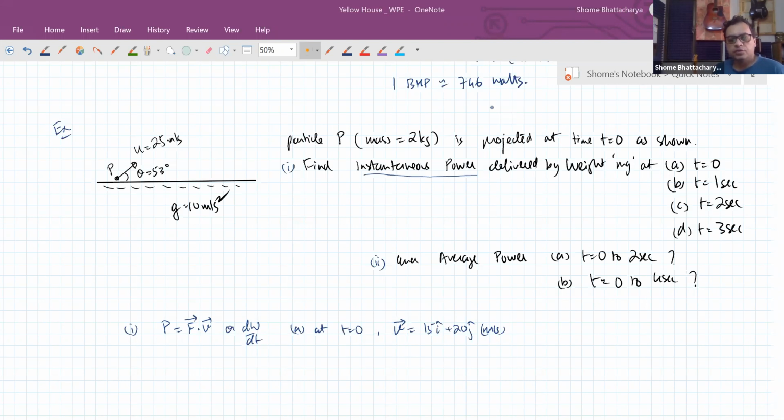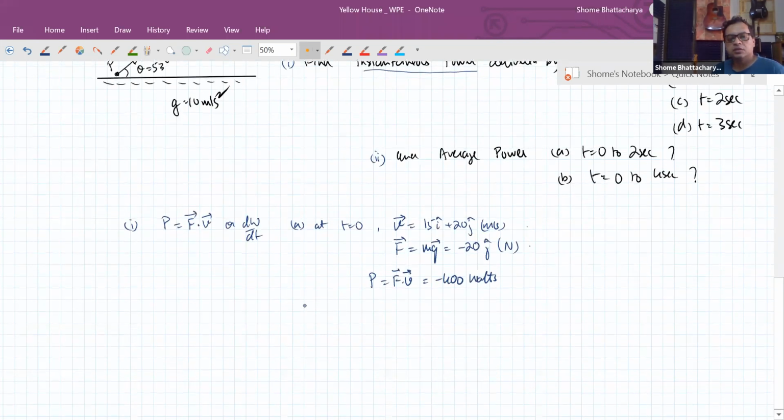And the force we are talking about is the weight. So that is nothing but minus 20 j cap in newtons. So power is minus 400 watts. Just take the dot product of this and this.